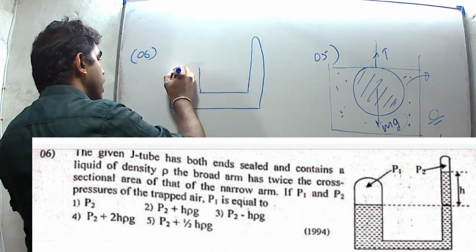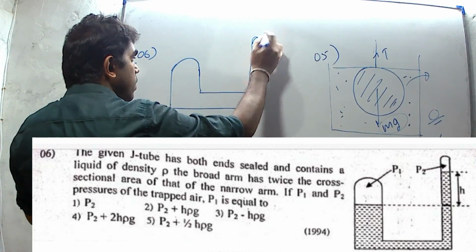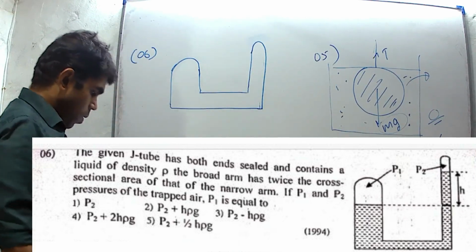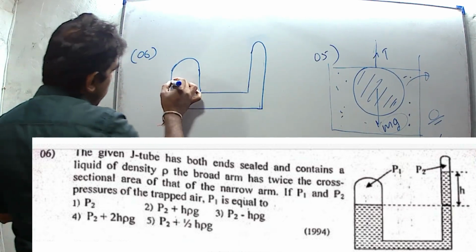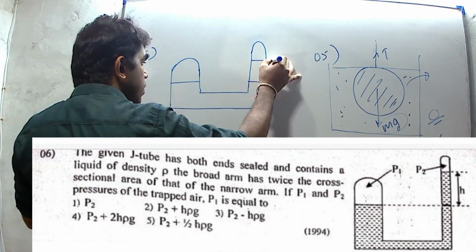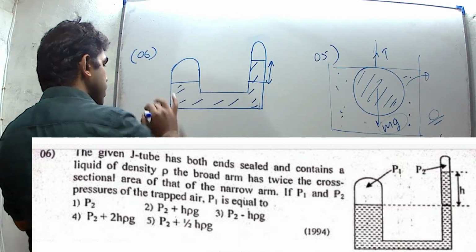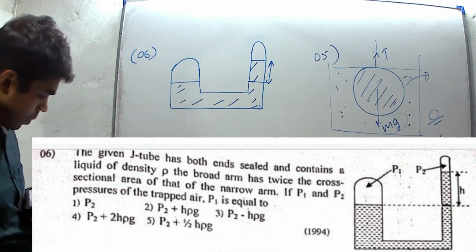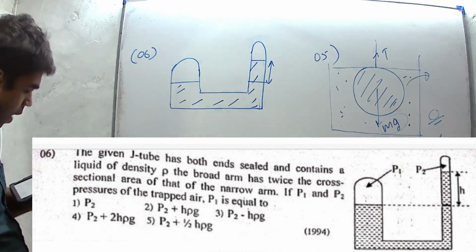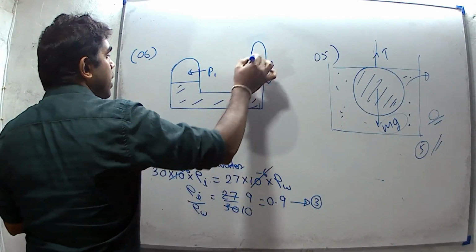They have given a diagram like this. There is a difference between the liquid heights of the two columns. We have to find the P1 pressure. Pressure at this place is P1, pressure at this place is P2.